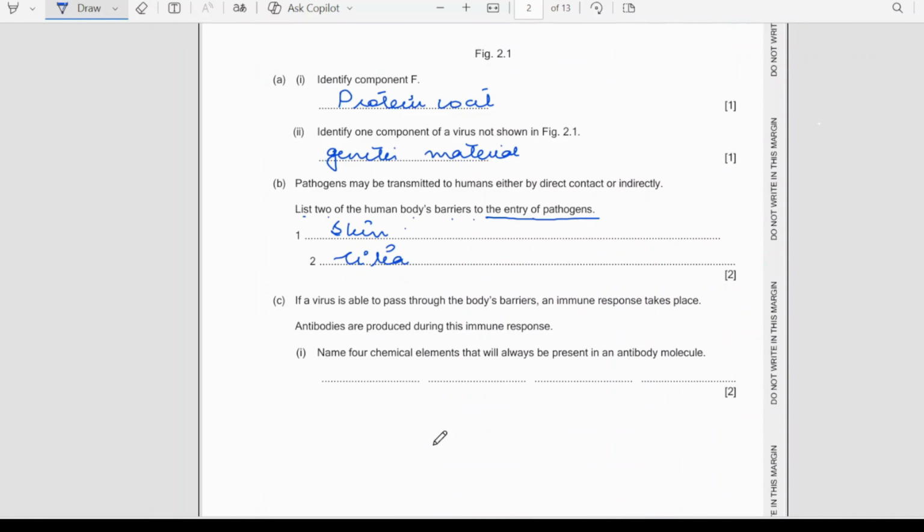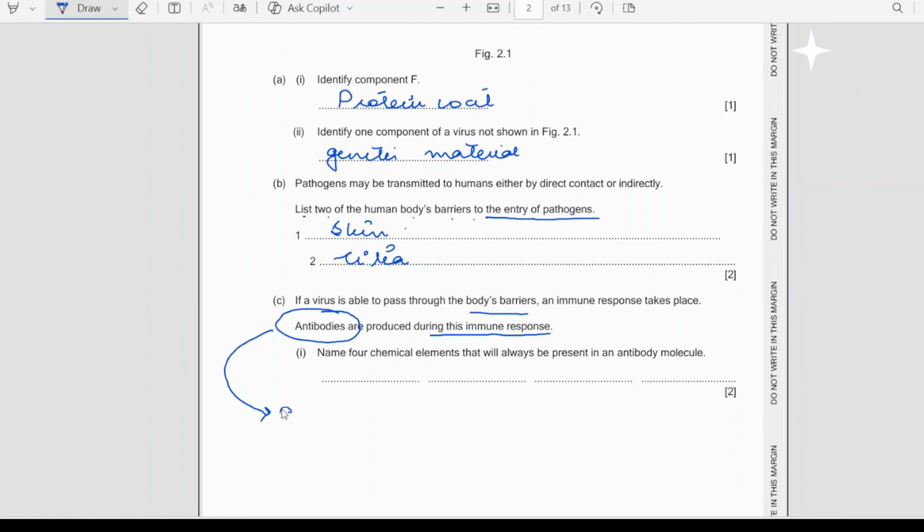If a virus is able to pass through the body's barrier, an immune response takes place, and antibodies are produced during this immune response. What are antibodies? What are they made up of? And proteins are made up of?